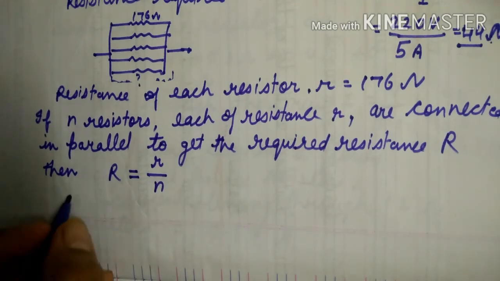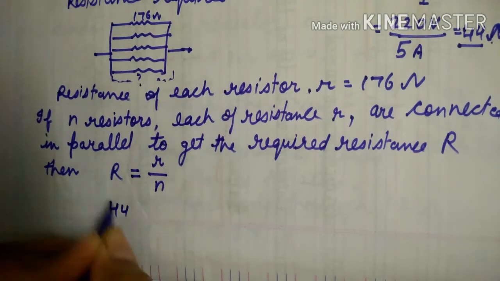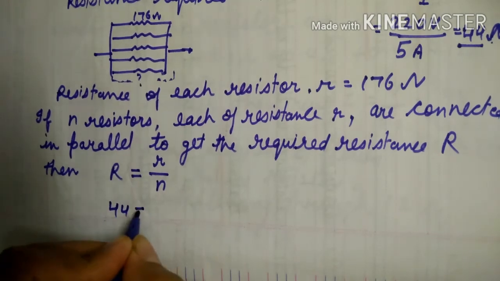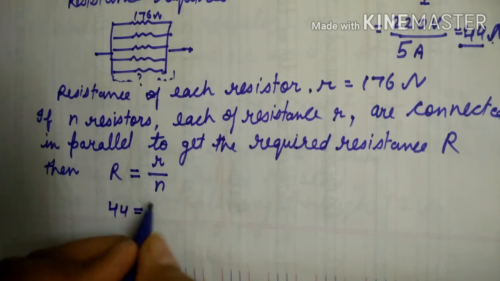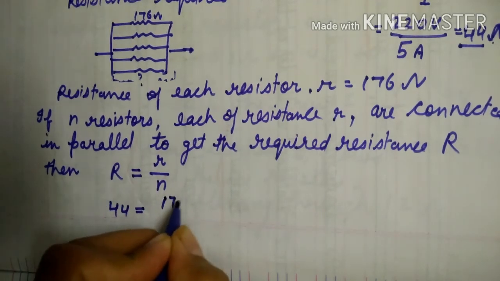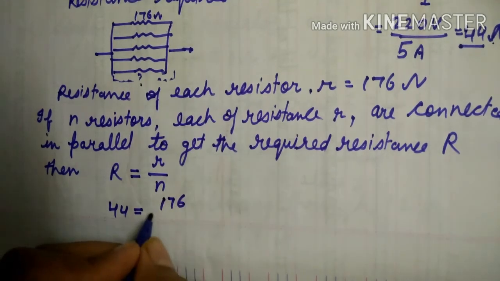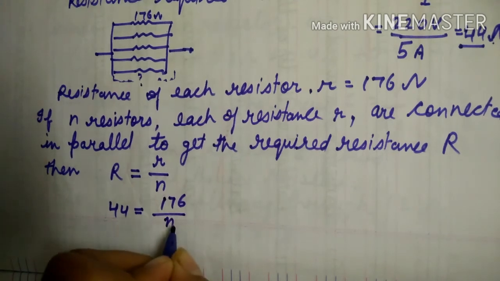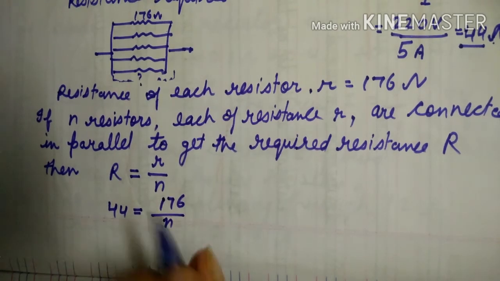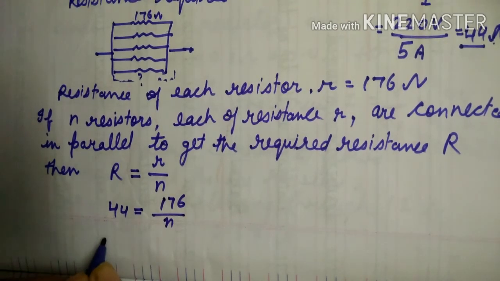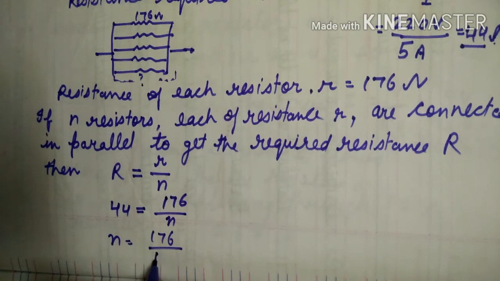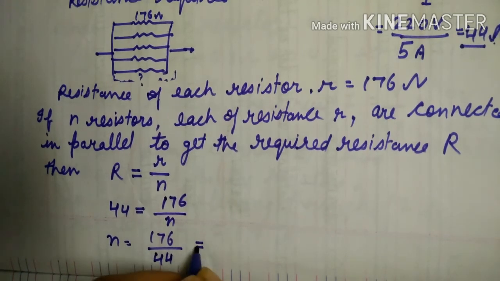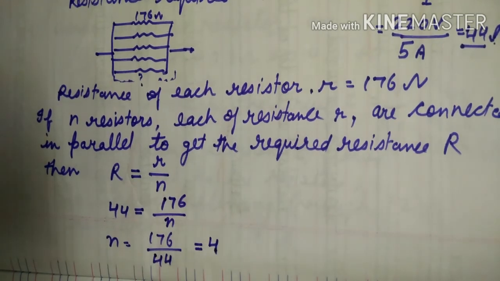So we can write here 44, total resistance we got from here. Small r value 176 upon n. Clear it is? Or we can write n is equal to 4.